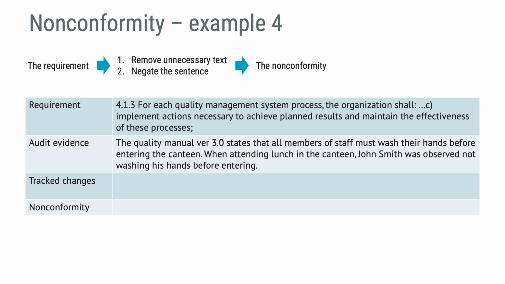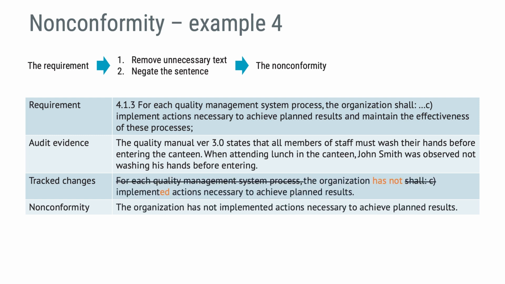When the organization is not conforming to its own procedures, but there is no specific requirement in the standard, this would be the relevant audit criterion because the organization has not implemented the actions necessary to achieve planned results. If they had, John Smith would have washed his hands before entering the canteen.